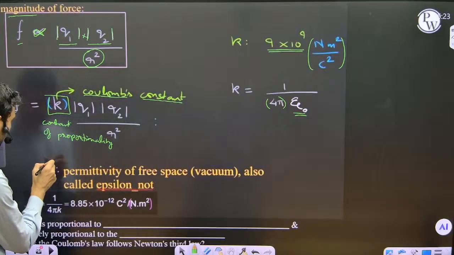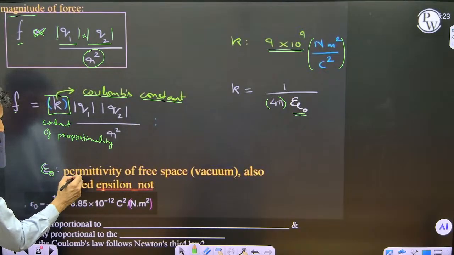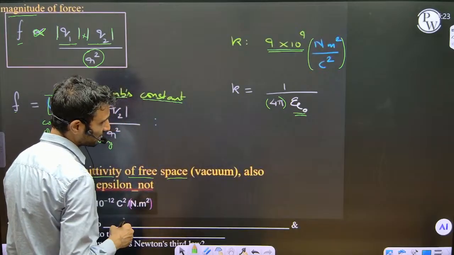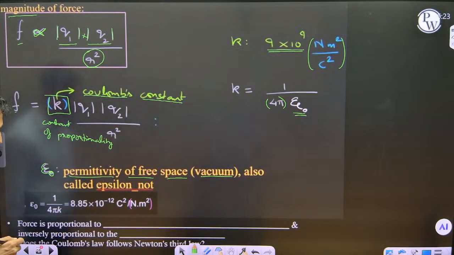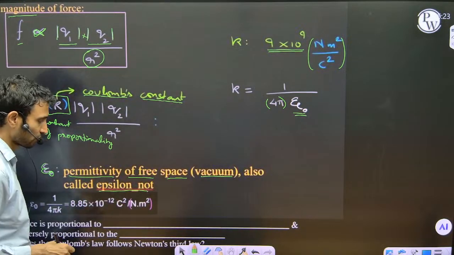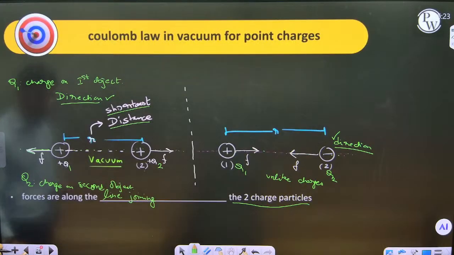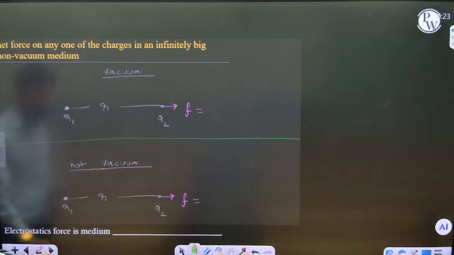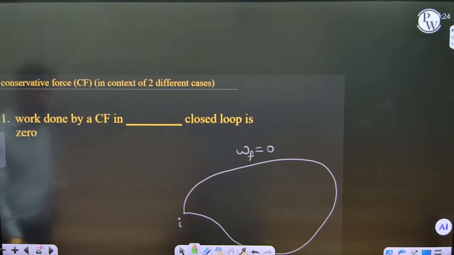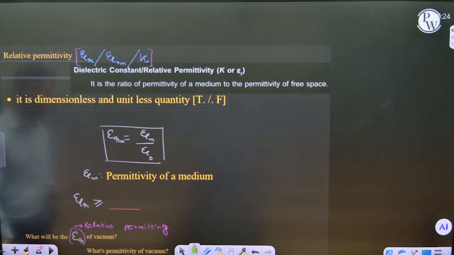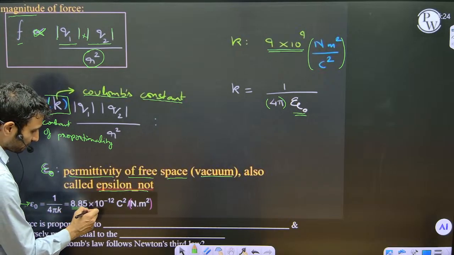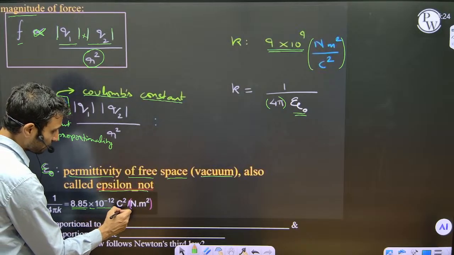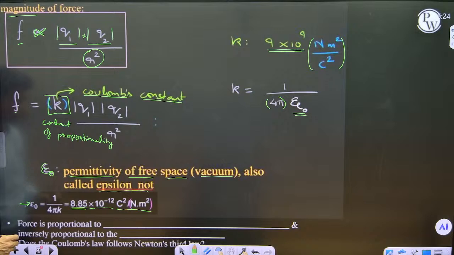Now what is epsilon naught here? Epsilon naught is called the permittivity of free space or permittivity of vacuum. And the value of epsilon naught is 8.85 into 10 raised to minus 12 Coulomb square divided by Newton meter square.